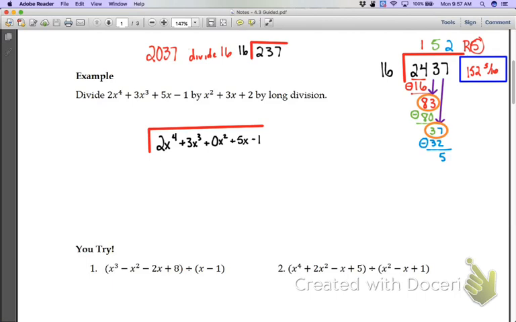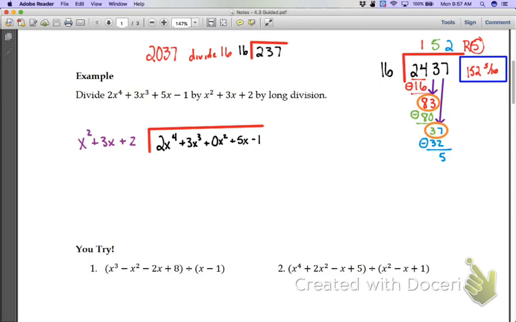I don't have an x squared, but I still have to list it. I still have to have that placeholder. Okay, so if I'm going to divide by x squared plus 3x plus 2.